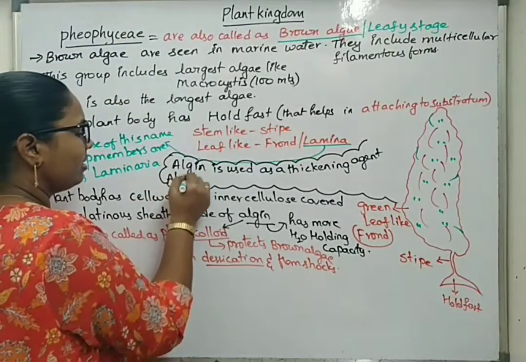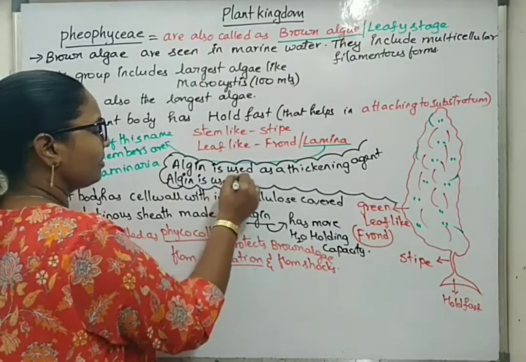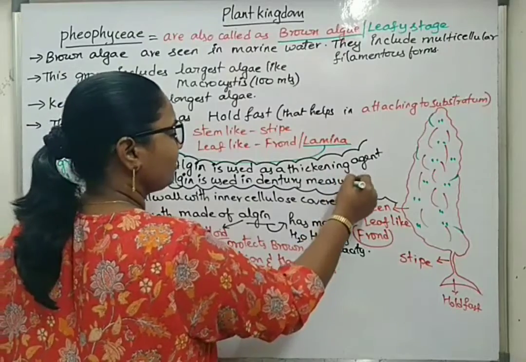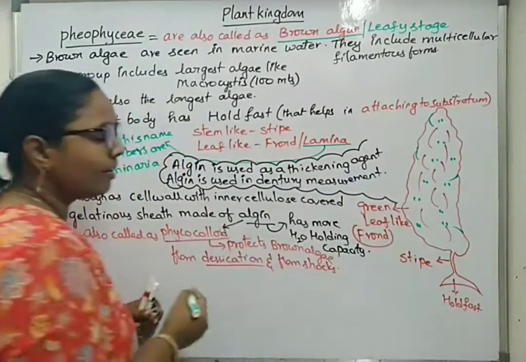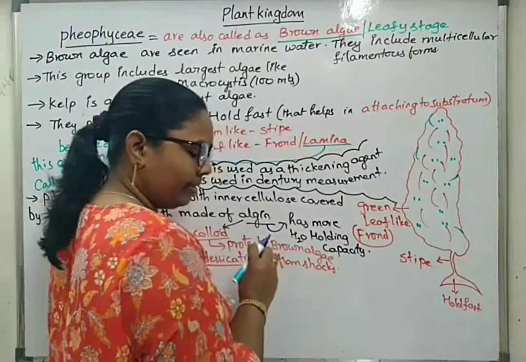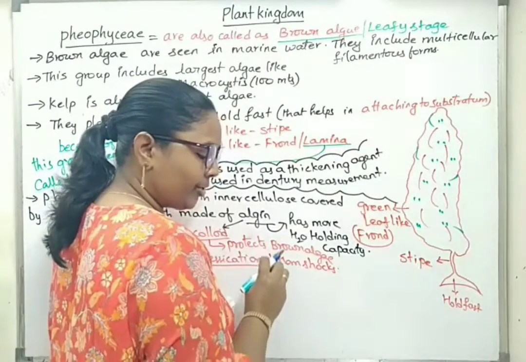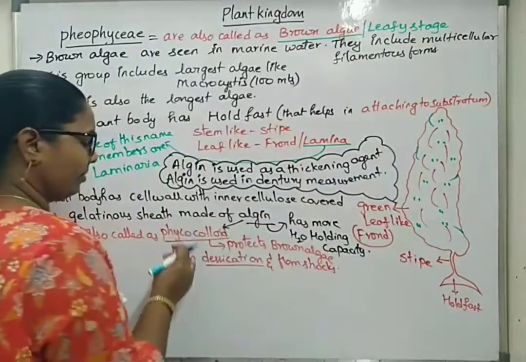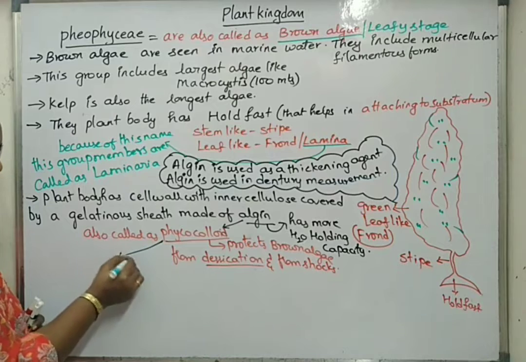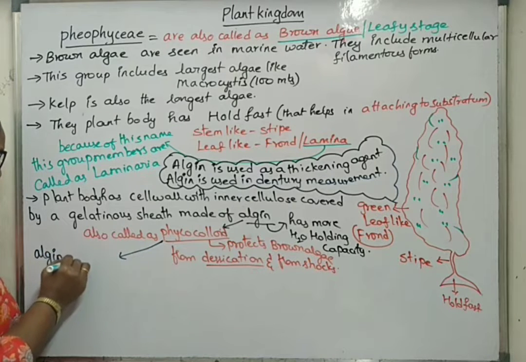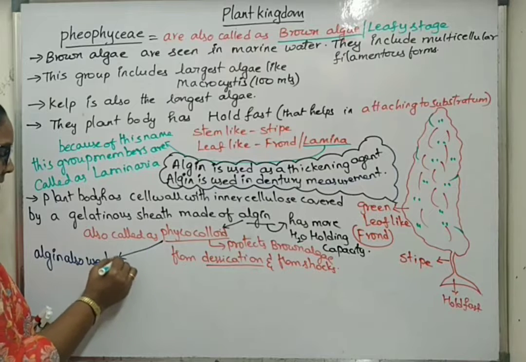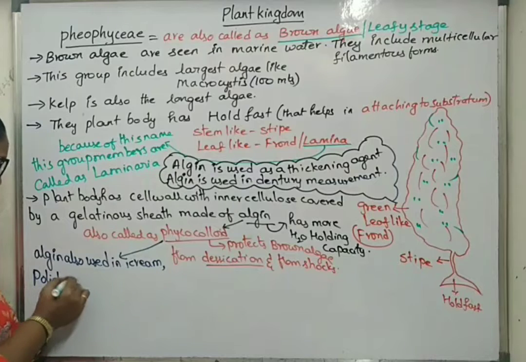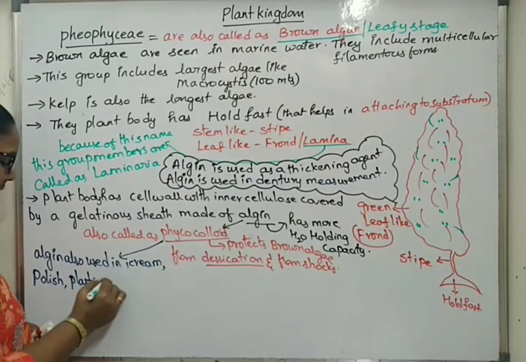So we will write algin is used in dentary measurement. Algin is also used in manufacturing of ice creams, polishes and plastic.